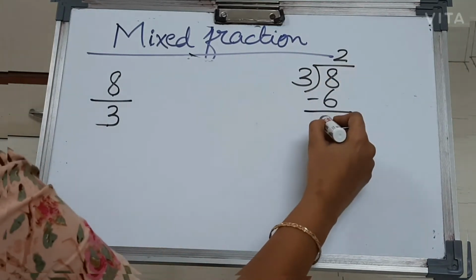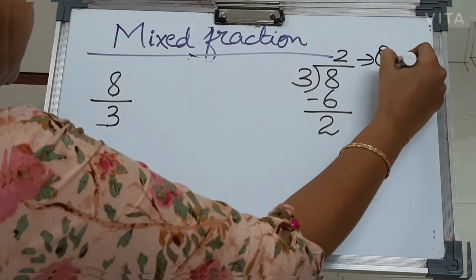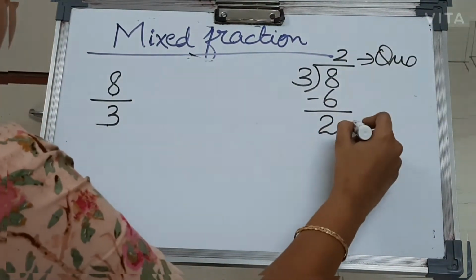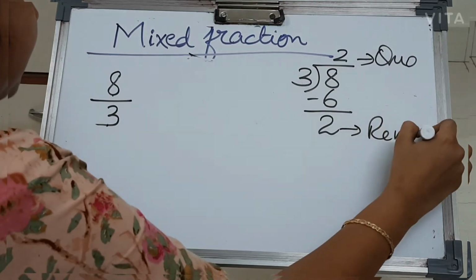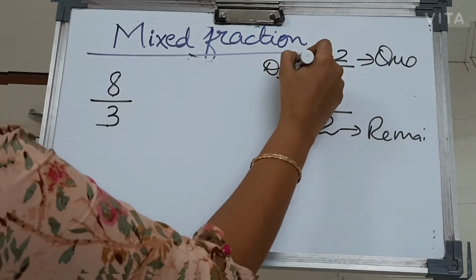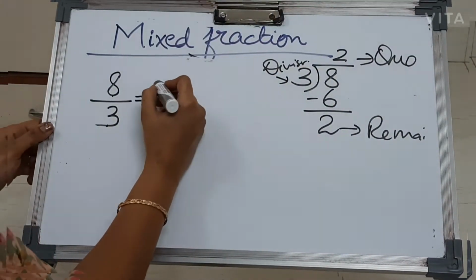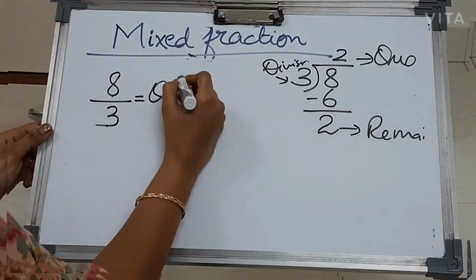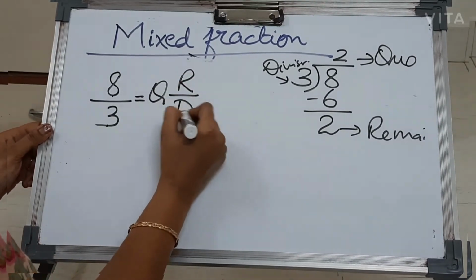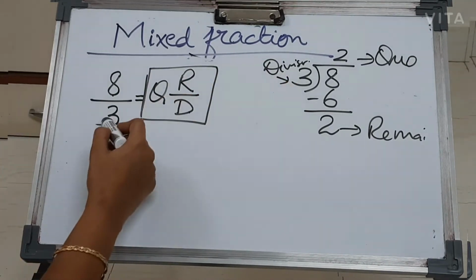What is left, the remainder, is 2. So this is the quotient, this is the remainder, and this is the divisor. So we write the mixed fraction as quotient, remainder over divisor. This is the formula we use to convert an improper fraction into a mixed fraction.